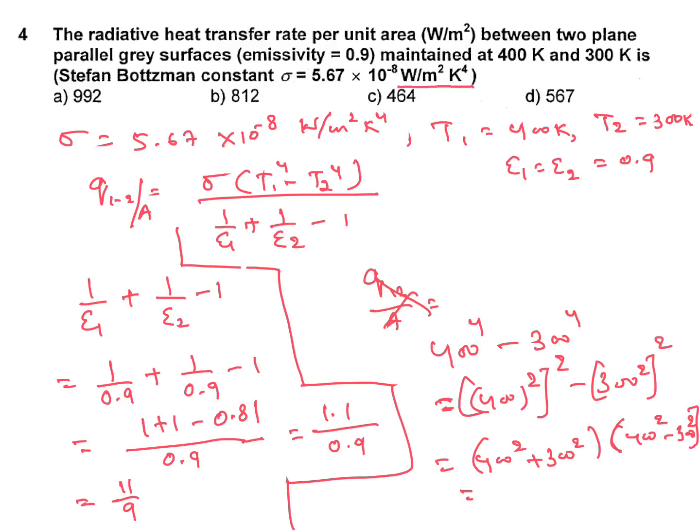So 400 square plus 300 square is 500 square, into again 400 plus 300 into 400 minus 300.